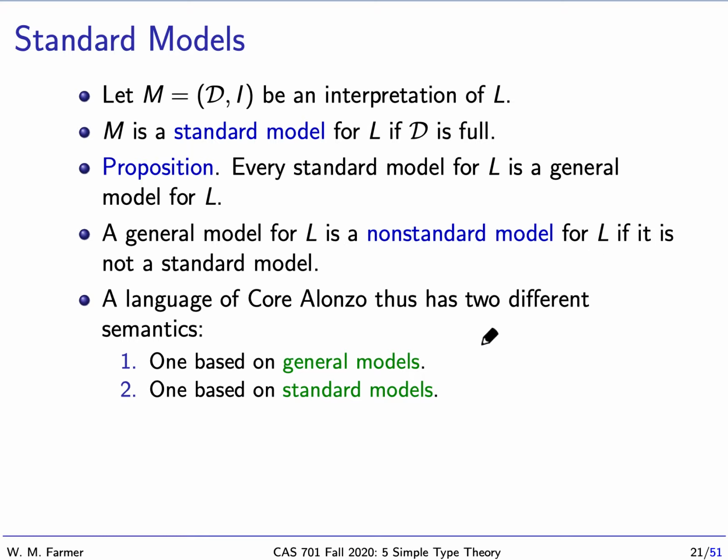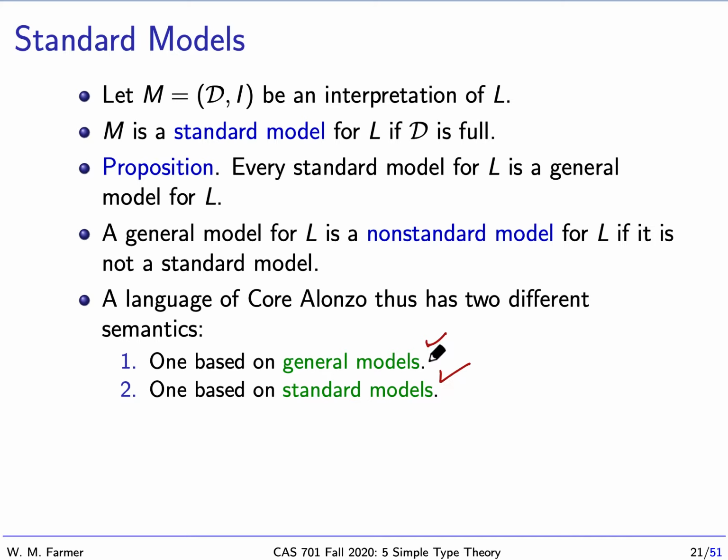So this means that the logic or the language of Coralonzo has two semantics, one based on general models and one based on standard models. And normally when people think about the semantics of simple type theory or even higher-order logic, they think of it in terms of standard models.